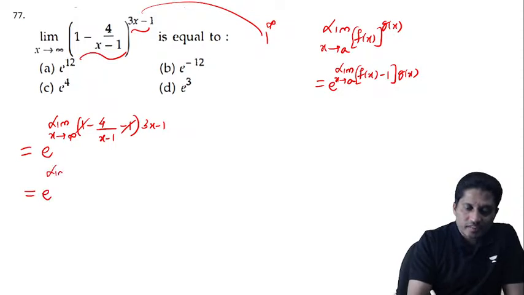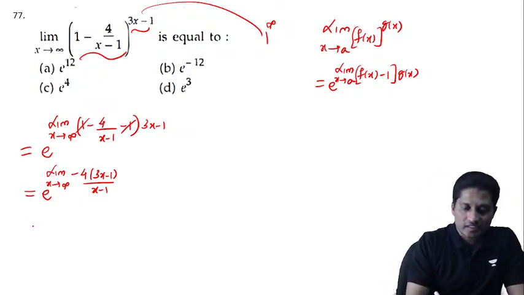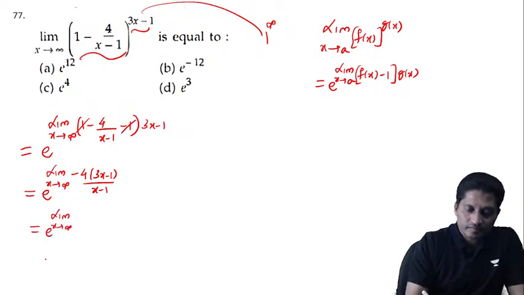e to the power of limit x tending to infinity of minus 4 into (3x minus 1) whole divided by x minus 1. Alright, either you use L'Hopital's rule, or I can write this as e to the power of limit x tends to infinity of minus 4 times x common: it is 3 minus 1 by x, and taking x common in the denominator, you get 1 minus 1 by x.